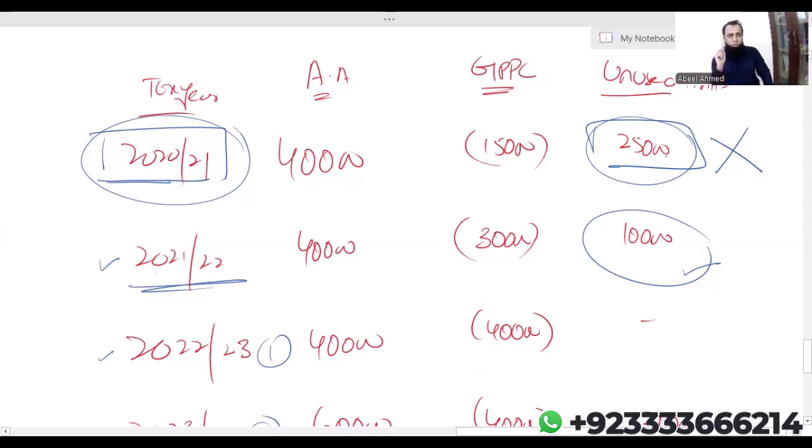Whenever we are going to utilize unused limit, that unused limit will be carried forward for 3 tax years and utilized on FIFO basis. You cannot add 10,000 of 21-22 and 25 of 20-21 to make 35, and then say I want to carry forward the 35,000 unused for the next 3 tax years. No, you cannot do that.